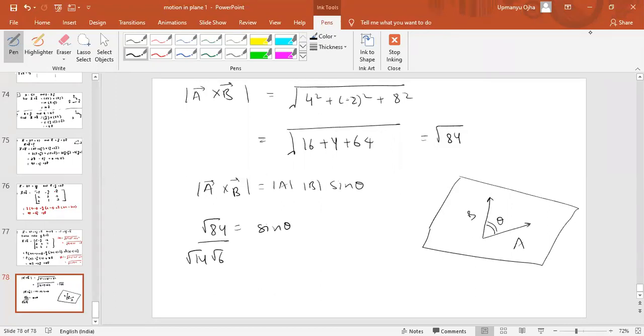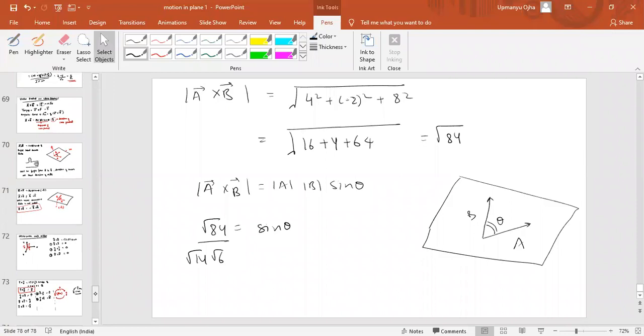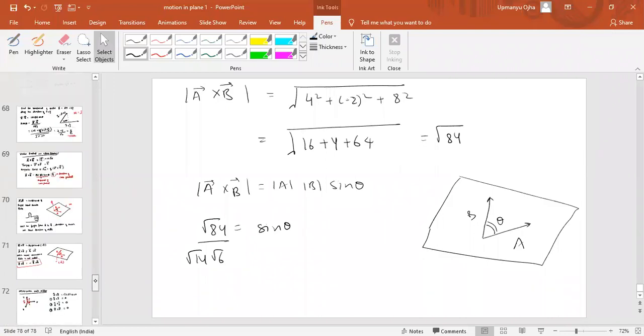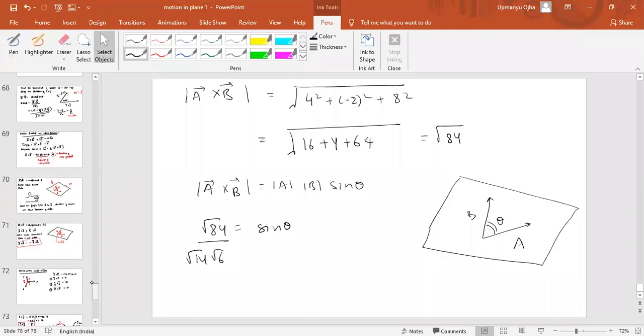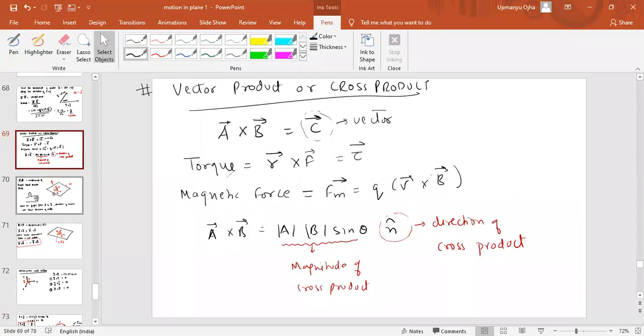See, I am telling you the modulus, mod, magnitude. In the first lecture only I told you, A cross B is basically what? See, A cross B is mod of A, mod of B, sine theta. This is the magnitude of the vector.